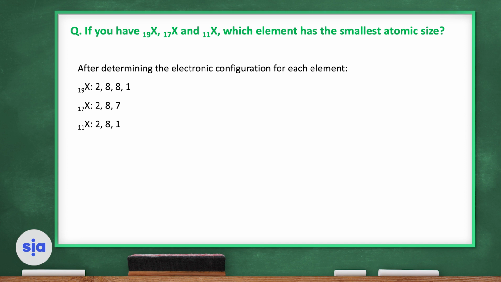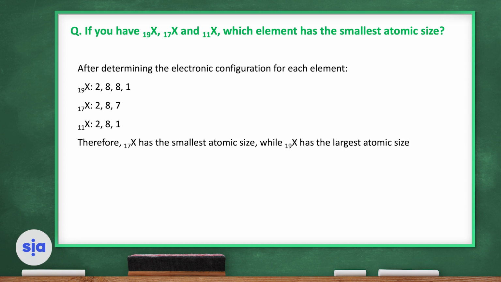Look at the number of the outer energy levels and tell me which one has the smallest atomic size. Element with atomic number 17 has the smallest atomic size, and the one with the atomic number 19 has the largest atomic size.